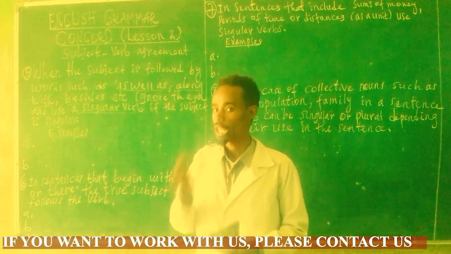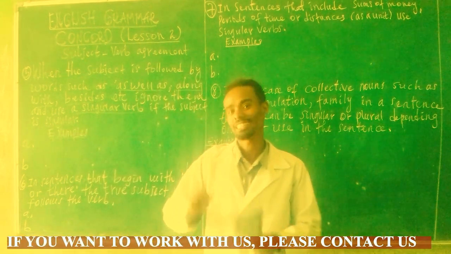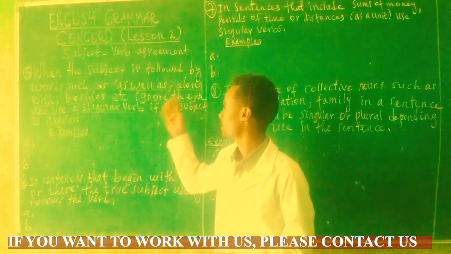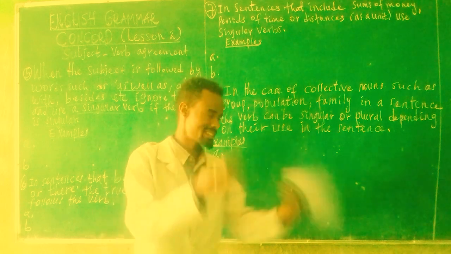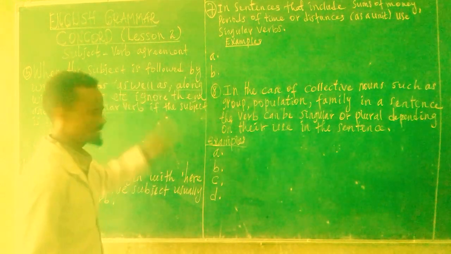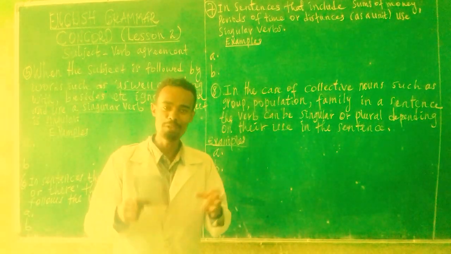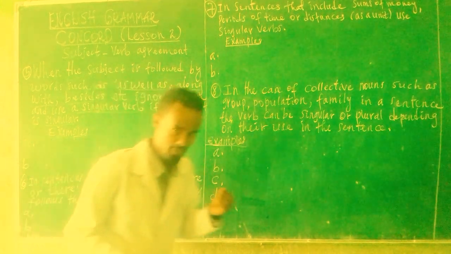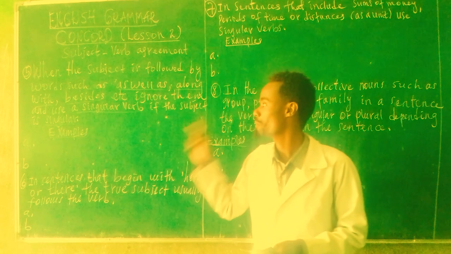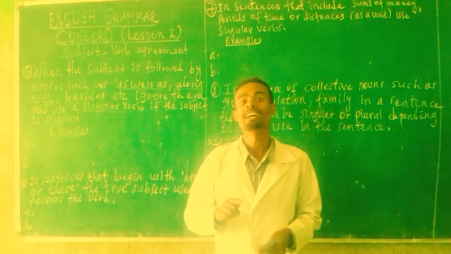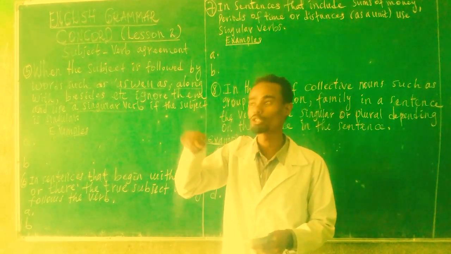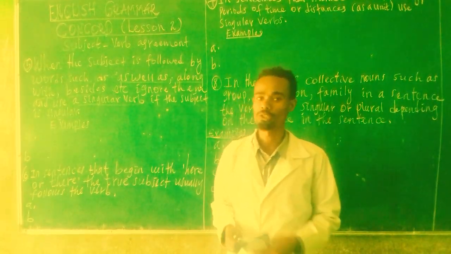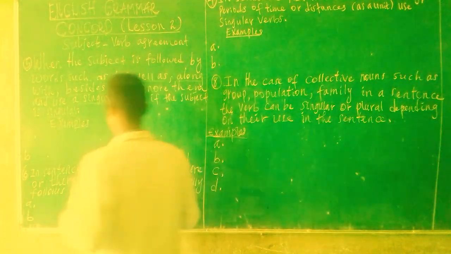When our subject is followed by words like as well as, along with, beside, we ignore the noun next to these words, and we use the singular verb if our subject is singular. If the subject before those words is plural, we must use the plural verb. Let's see an example.